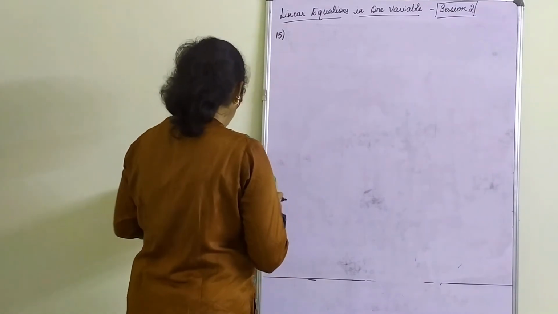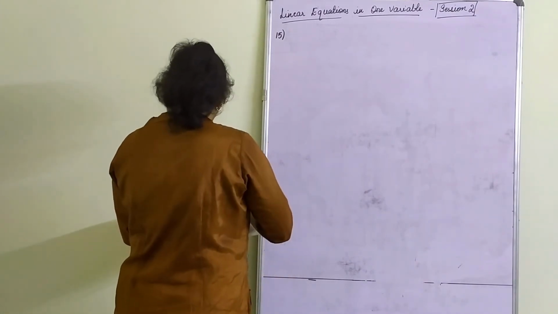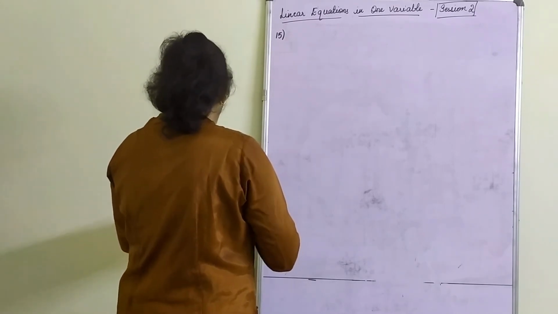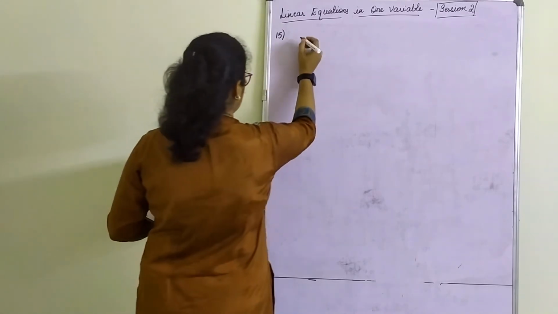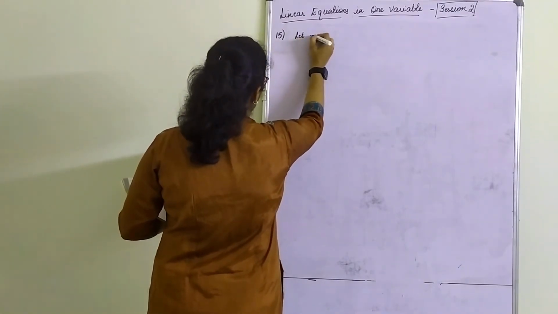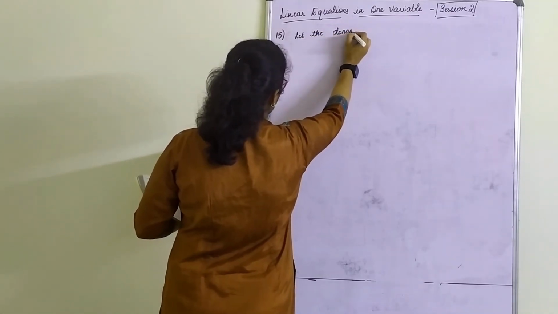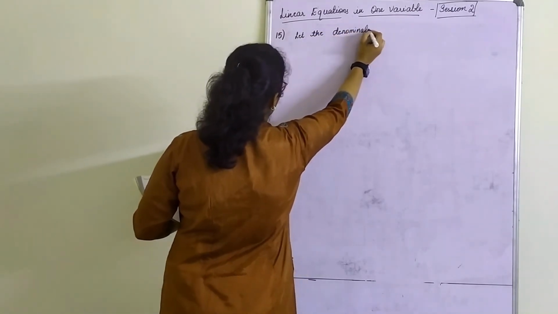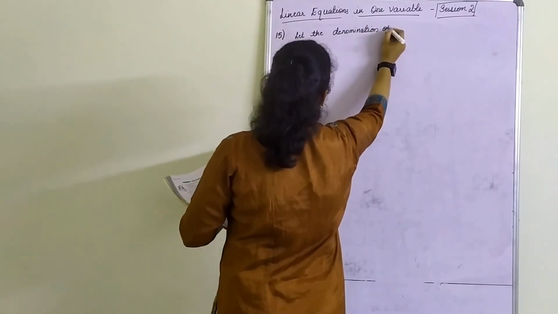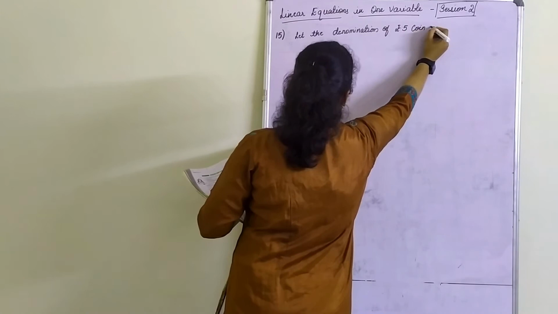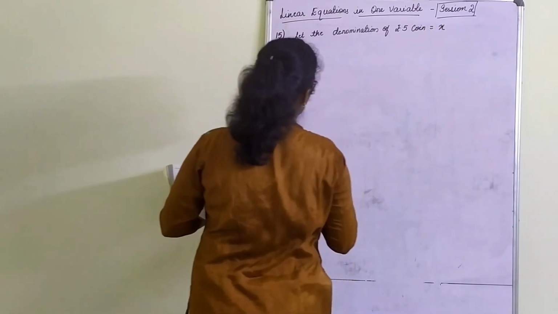So let's first write, the denominations given here are 1, 2 and 5. The number of 2 rupee coins is 3 times the 5 rupee coins. Let the number of rupees 5 coins be x.